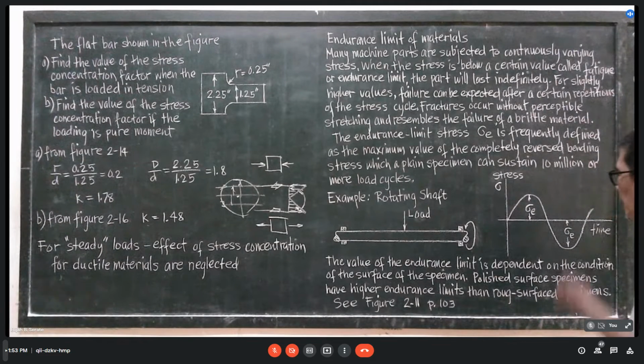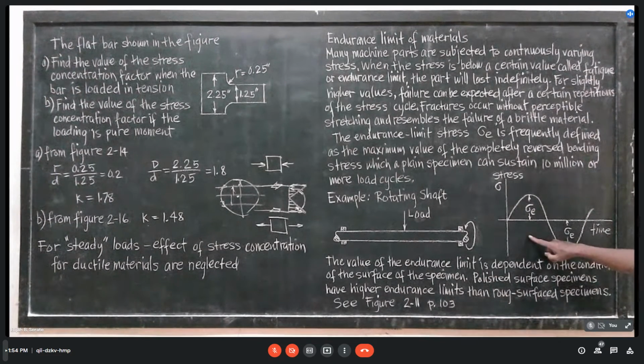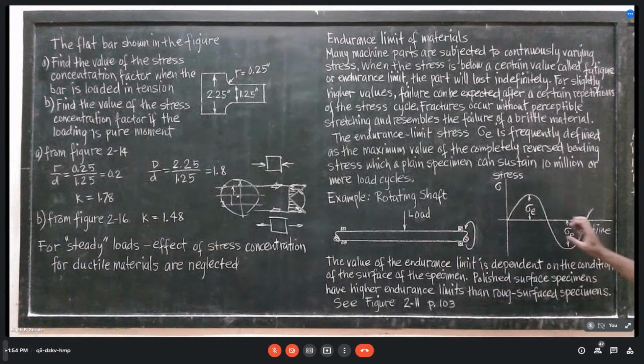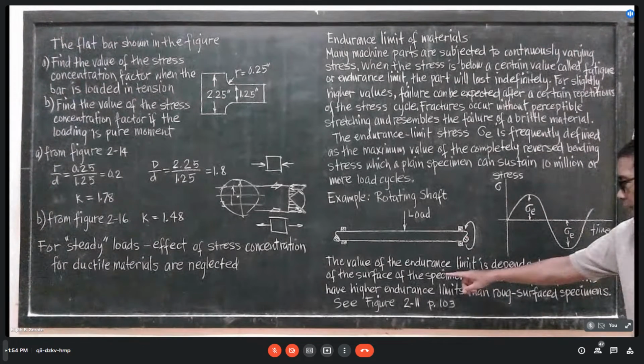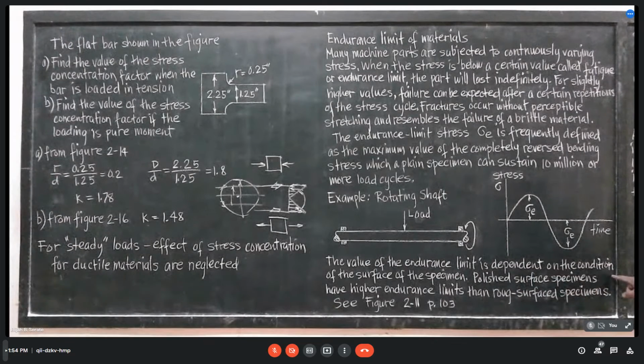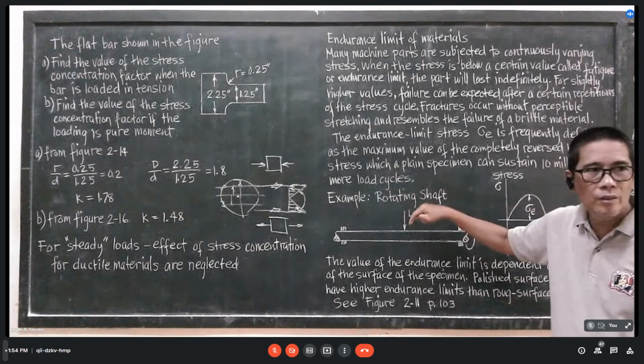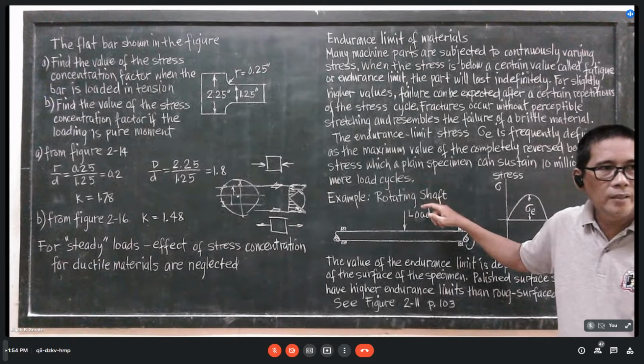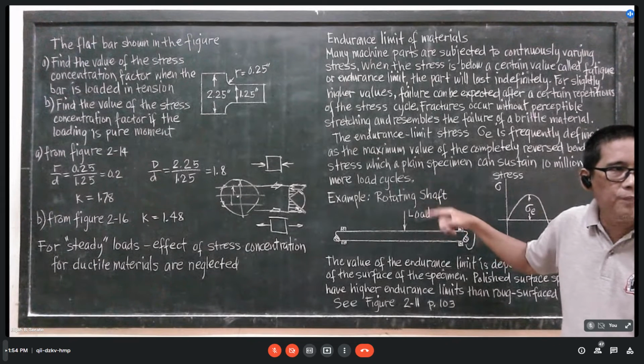Okay, so if we try to plot the graph, it is completely reversing. The value is the same when it is on top and when it is at the bottom. Now, when you reach a certain value called the endurance limit, when you apply this stress, you increase the load, of course, so you will have a bigger M, the same C and the same I, and then you let it rotate for 10 million cycles.